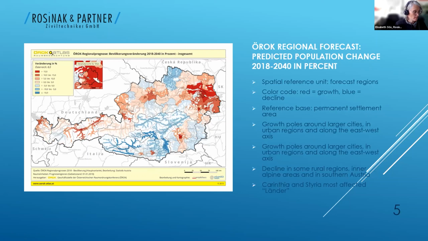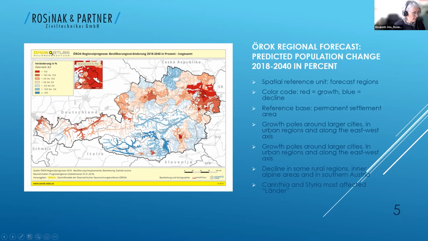Here you see the regional forecast for the predicted population change until 2030 in percent. Here you also have the spatial reference, forecast regions. The color code is the same. Red is growth, blue is decline. And it's a little bit different in the layout because the reference base is the permanent settlement area.